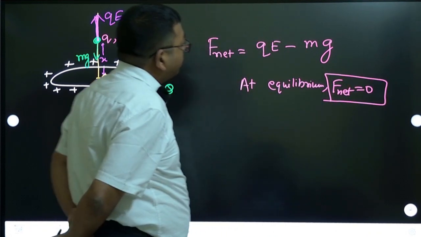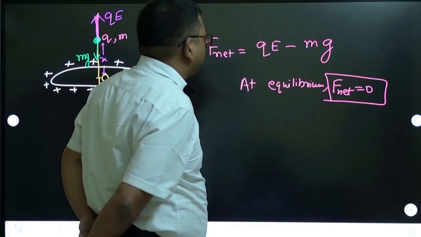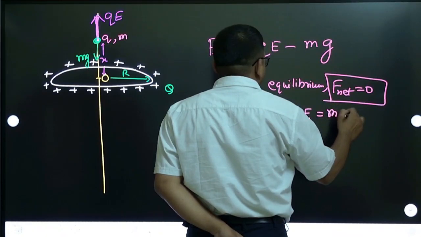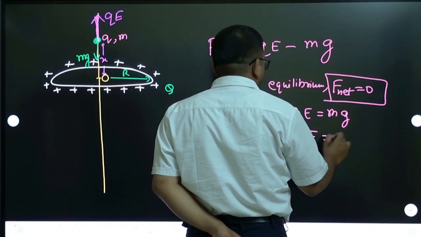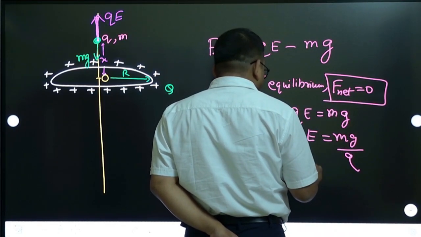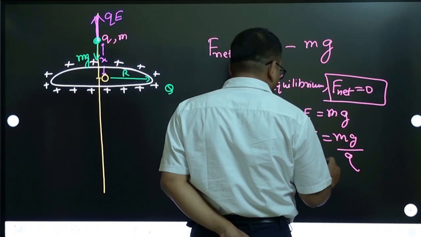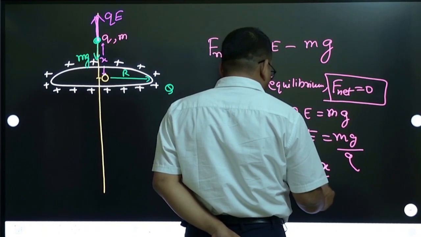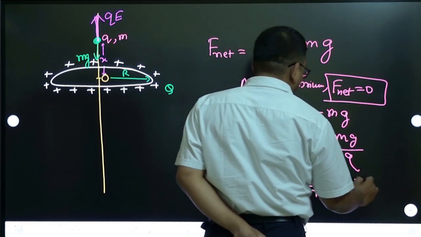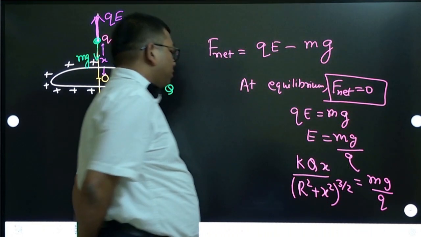That we know. So we can find out the value of x where it will be. So qE is equal to mg, so E is equal to mg by q, and the E formula is kqx divided by (r square plus x square) power 3 by 2, is equal to mg by q, right?